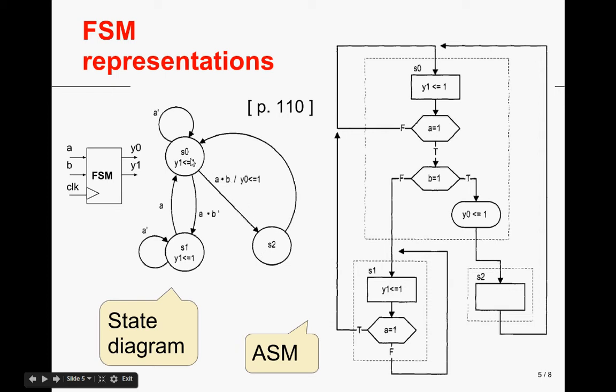So if we are at state S0 and there's a rising edge in the clock and A and B are both 1, then we will go into state S2. From state S2 we will always revert back to state S0 regardless of the values present on the inputs A and B.